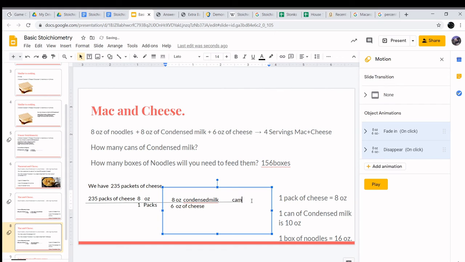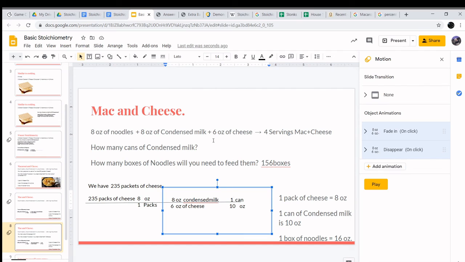So we're going to put cans here. We'll put ounces here. And we need 10 ounces for 1 can. So to go ahead and figure out this one, we're now just going to multiply through. 235 times 8 times 8 times 1 divided by 1 divided by 6 divided by 10.